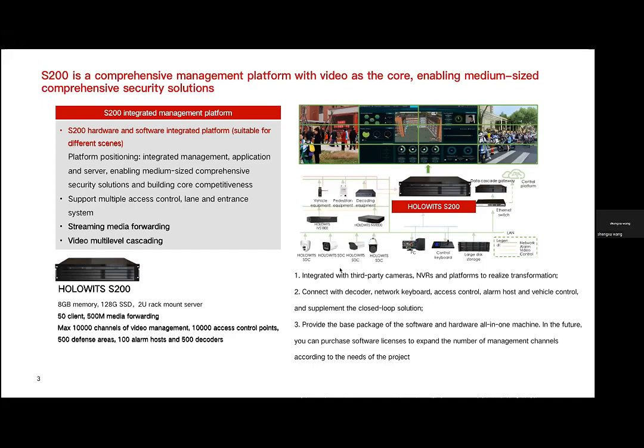So it could enable medium-sized or large-sized comprehensive solutions. And it could also support multiple access control or other subsystems. On the right side of this slide, you could see a very clear architecture of the HOLOWITS S200.